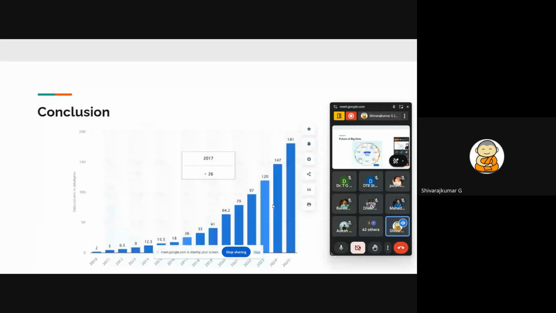And when I want to conclude, this is the trend where we are increasing the use of big data day by day. For example, in 2010, it was a very small amount of data, in zettabytes. Day by day, every year, even now, when you see the latest trends, from 2022 to 2024, within 4 years, we have increased a very vast amount of data.